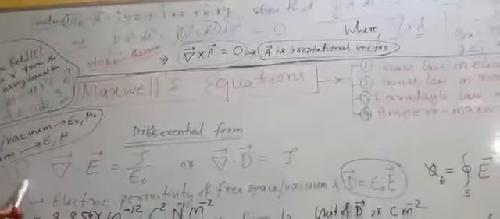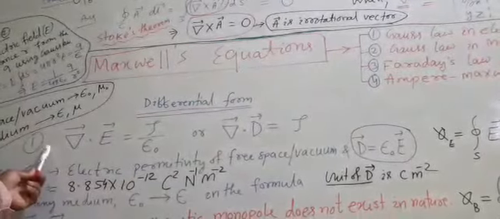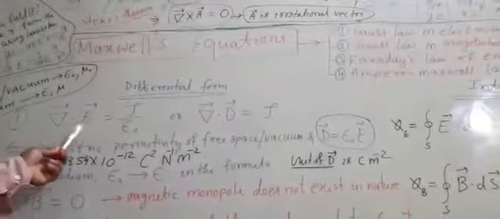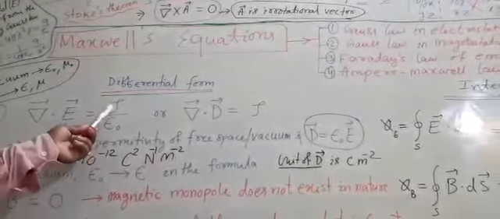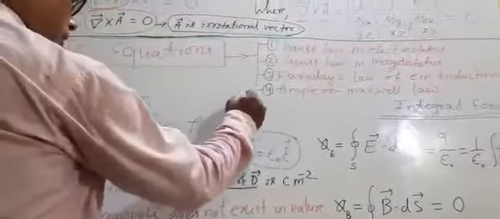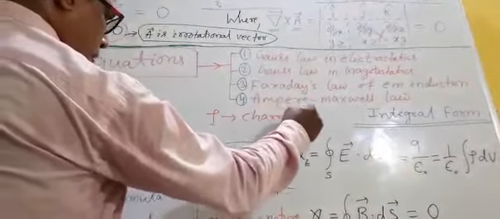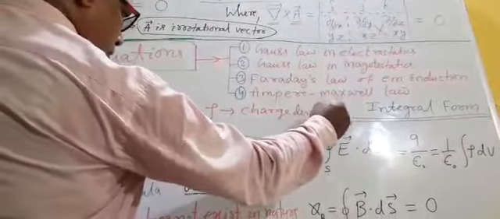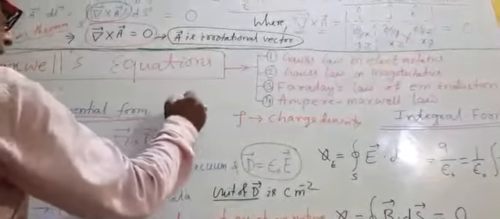In differential form, the first equation comes from Gauss law in electrostatics. The divergence of electric field is equal to rho by epsilon naught, where rho is the charge density.